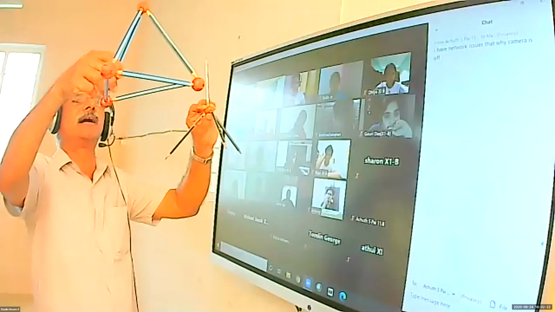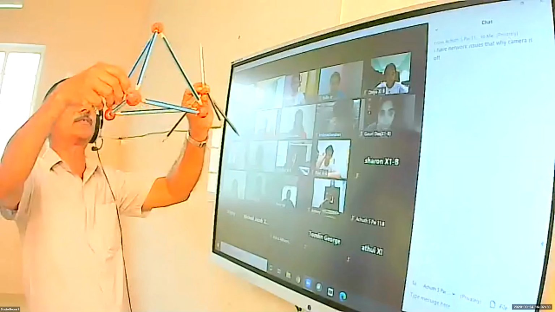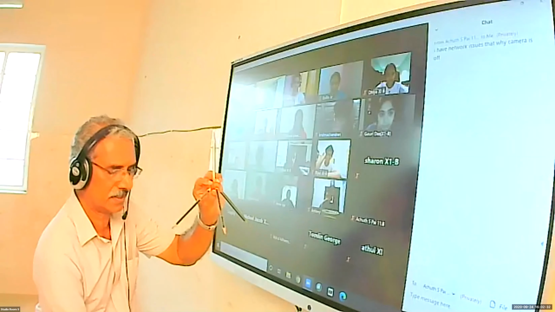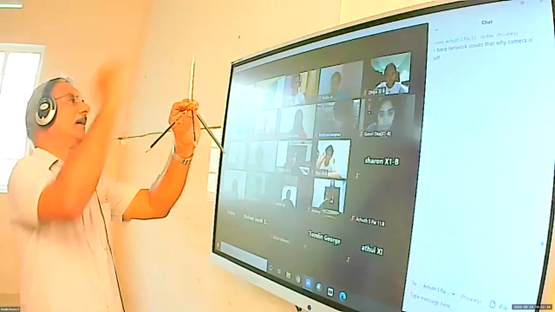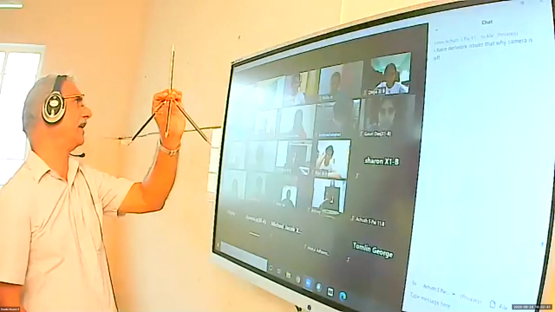At the center there is the atom, and the sp3 orbitals are directed towards the corners. So, first sp3, second sp3, third sp3, fourth sp3.